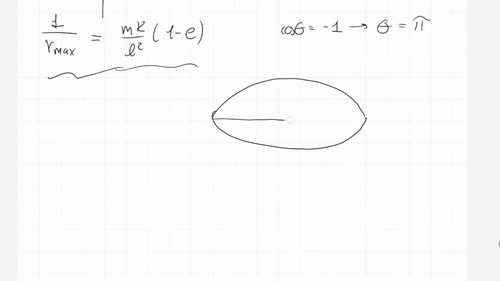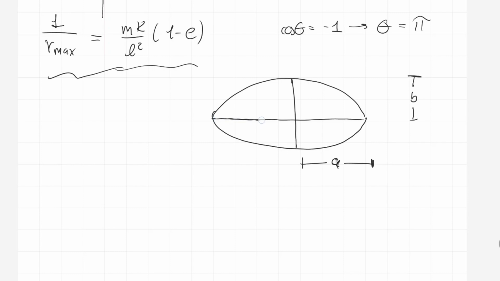We can divide the ellipse like this, for example, and we know that the major semi-axis is this. We can name b the minor semi-axis, and a is going to be the major semi-axis.